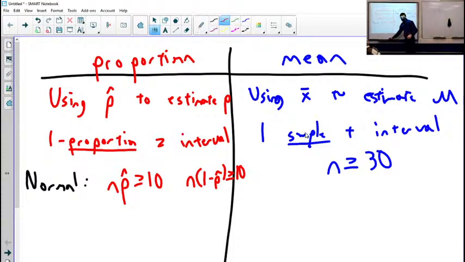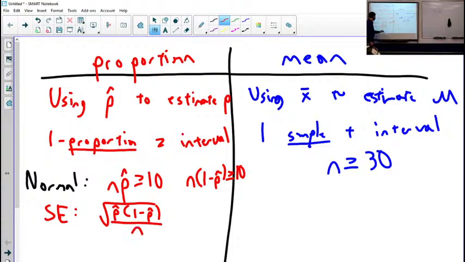For your formulas, standard error. In other words, the standard deviation formula. The standard deviation formula with proportions is the square root of p hat times 1 minus p hat over n.